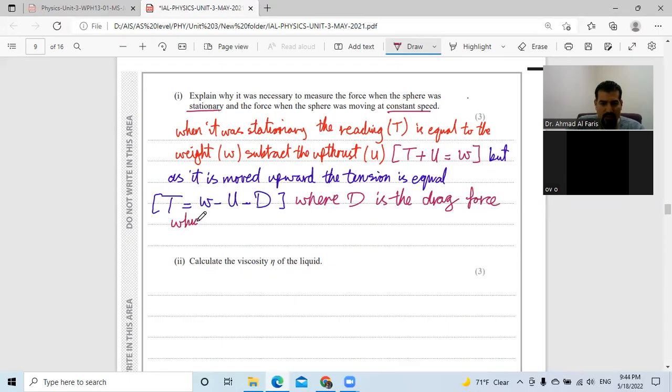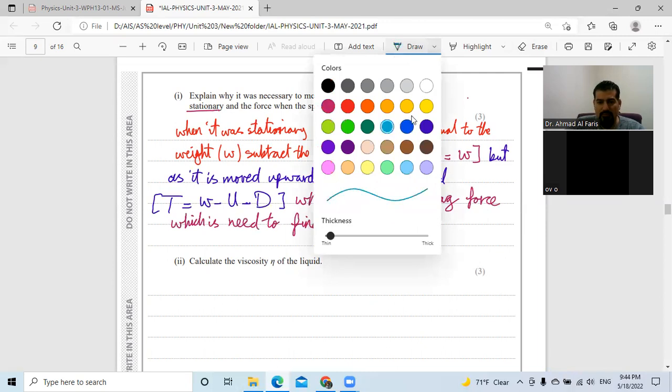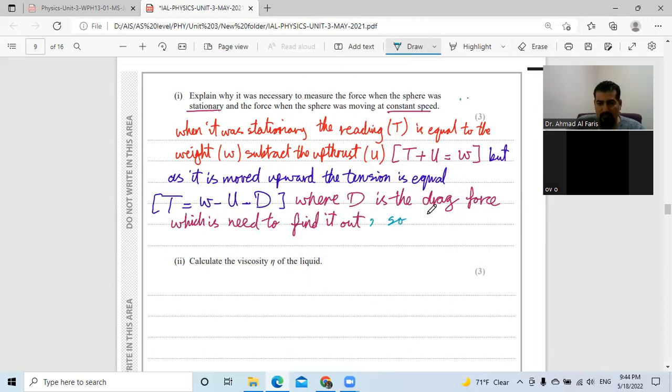Which is needed to find it out. So subtracting the readings gives us the drag force.